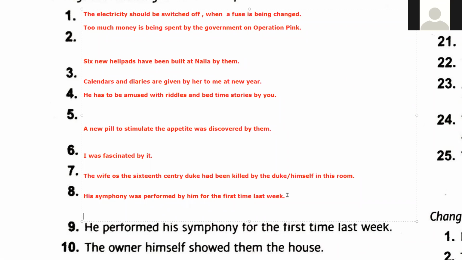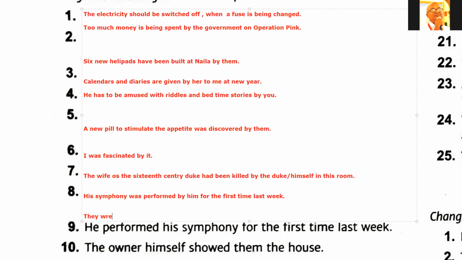Question 10: The house has been showed by the owner to them himself. The house. Showed is in past simple. So them is the object.